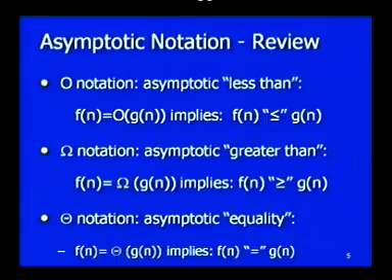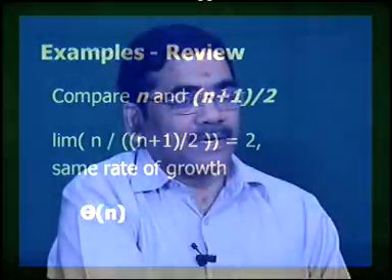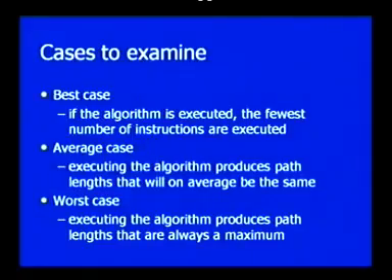Similarly, we can assign omega if the rate of growth is very high, and if it is almost similar, we have to assign theta. We had seen a couple of examples, n and n plus 1 by 2. If we apply the limit then you can see very well it is going to be a constant. So, that means you can see very well it is going to be theta.